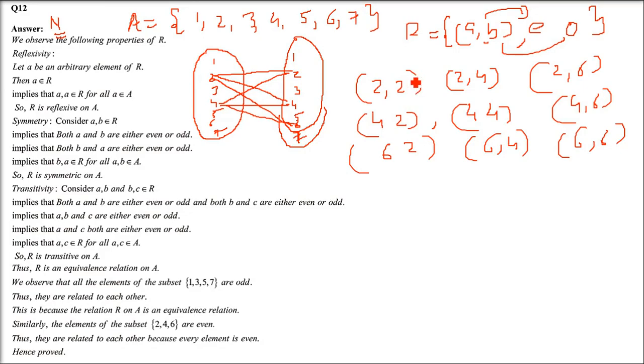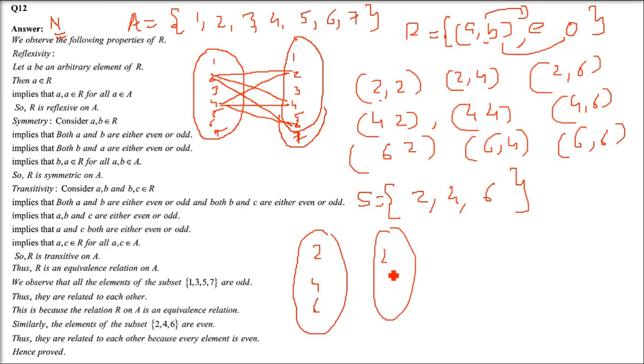So I am trying to solve the second part first here, or tell you how the second part will be computed. If I make a set, what will come? Only 2, 4, 6. They are related only with 2, 4, 6.